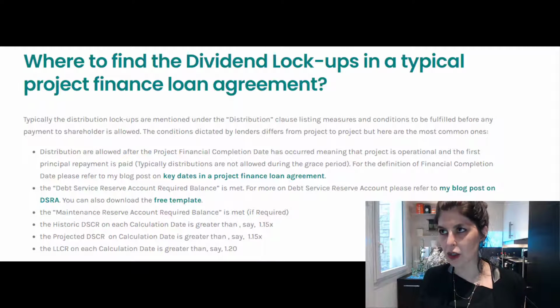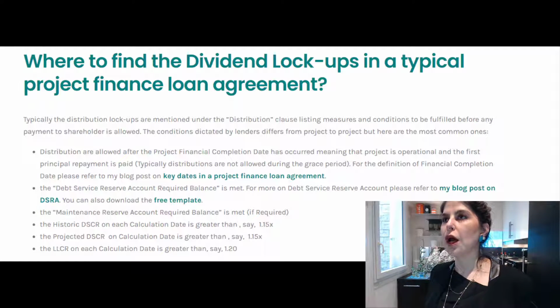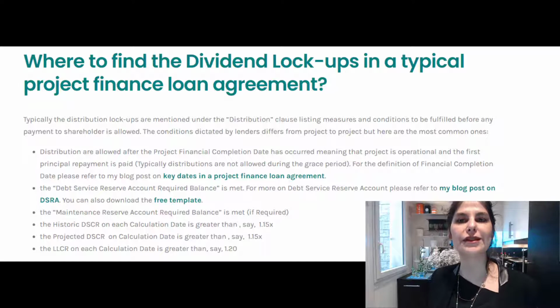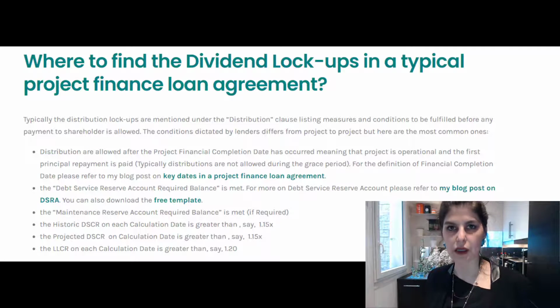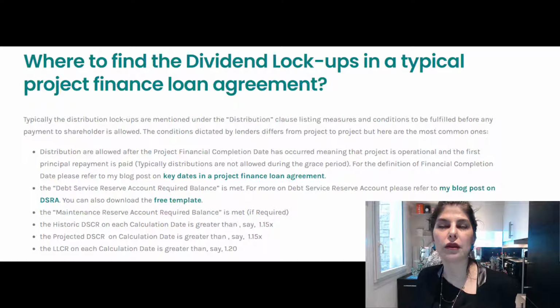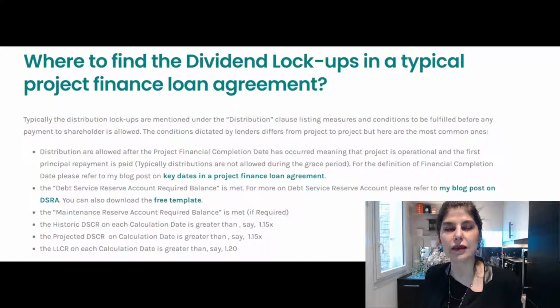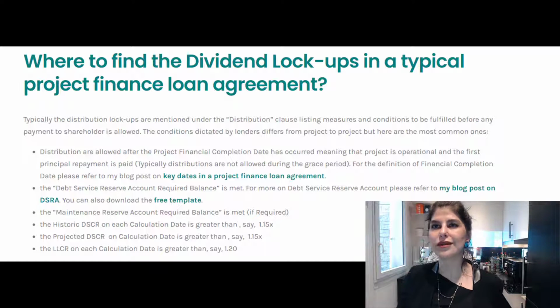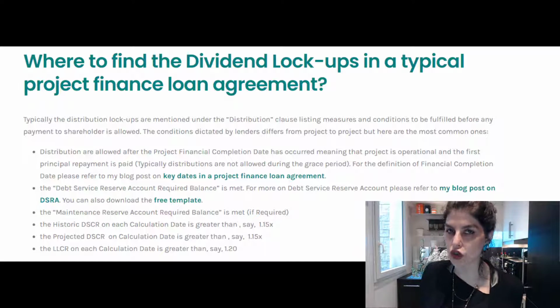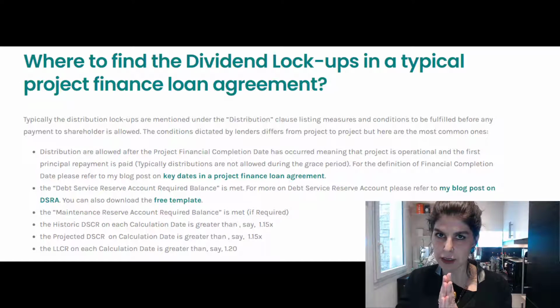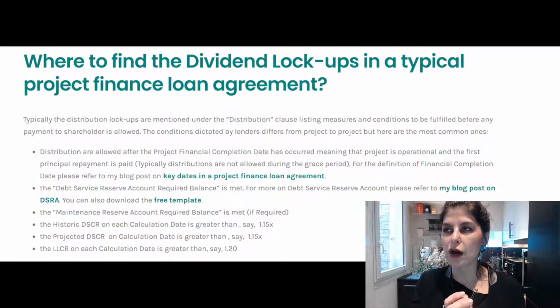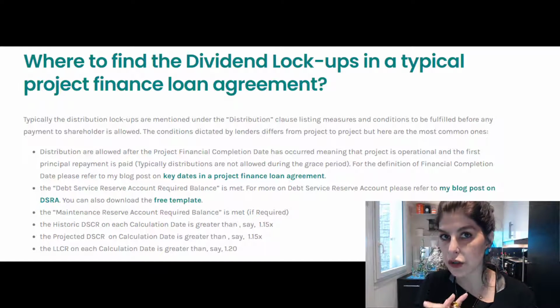The second one is that the project has already shown that it is generating profits. Most of the time, this is when it has paid its first principal. I already discussed that in detail in the discussion about the dates, and that is called the financial completion date. So in a term sheet, you have this term called financial completion date.